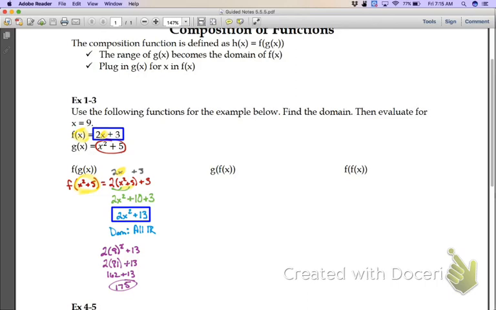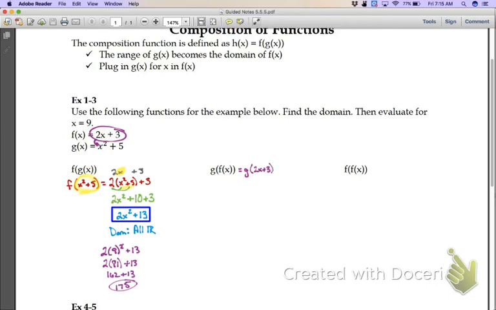It's the same functions. My functions didn't change up top. But now I'm going to take the f of x and slide it in where there's an x for the g of x. So I'm going to have g of 2x plus 3.